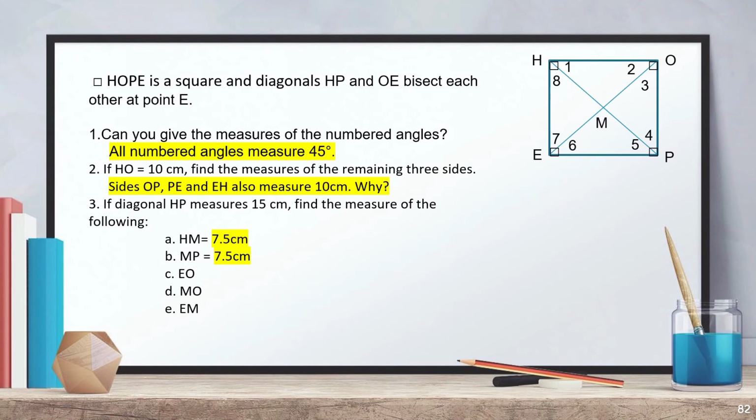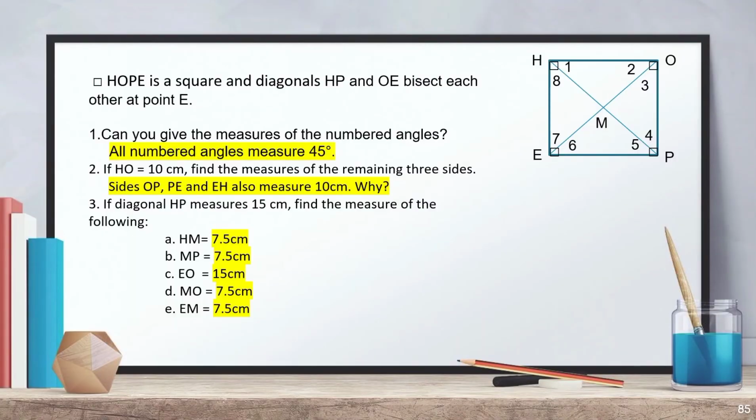It is still 1/2 of diagonal HP. EO also measures 15 centimeters because diagonals of a square are congruent. MO is also 7.5 because it is 1/2 of diagonal EO. EM is also 7.5 cm. That is 1/2 of diagonal EO. It's because the two diagonals bisect each other.